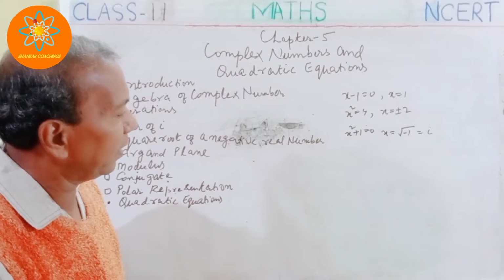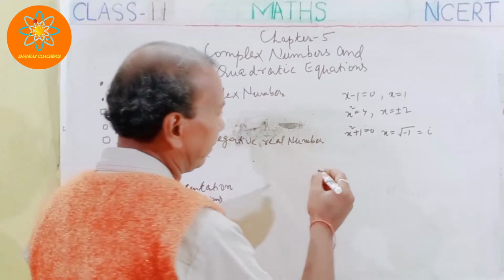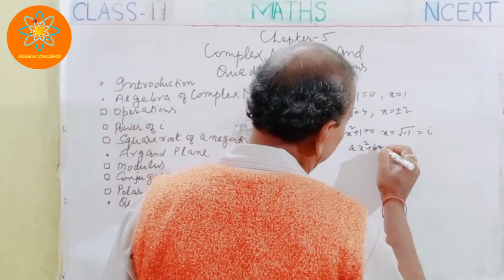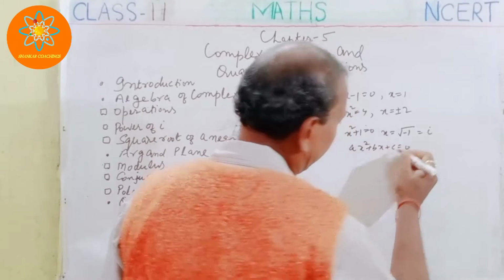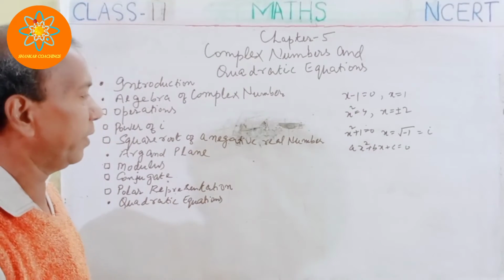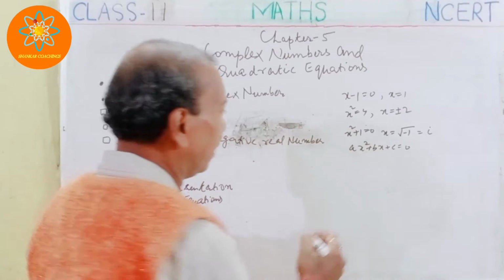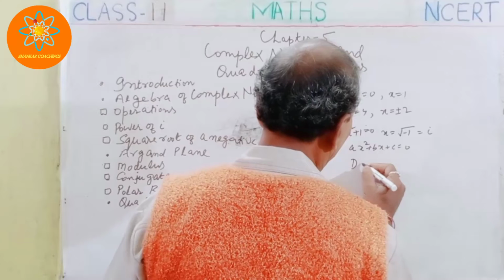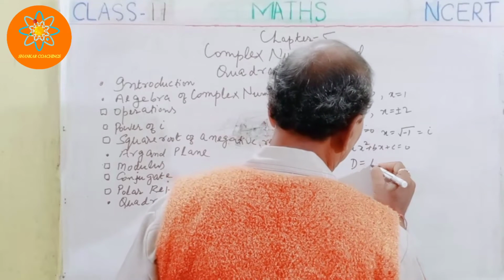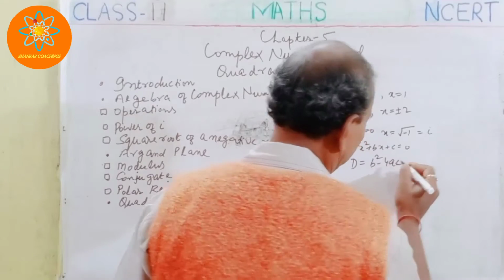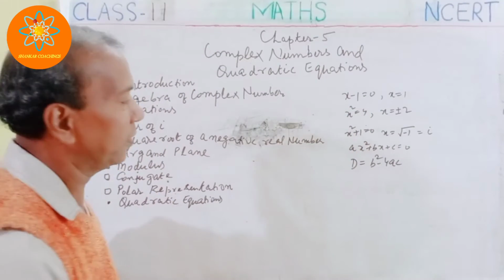In a similar case, let's suppose I have a quadratic equation ax square plus bx plus c is equal to 0. Then the discriminant of this equation, D, is equal to how much? It is b square minus 4ac.